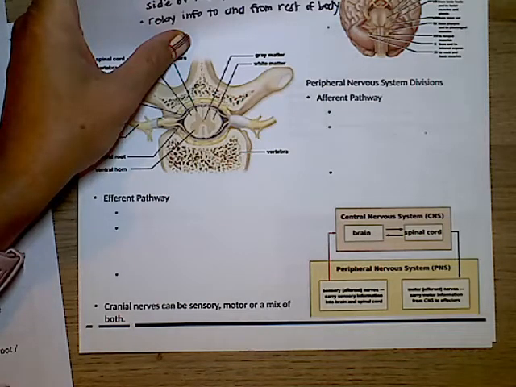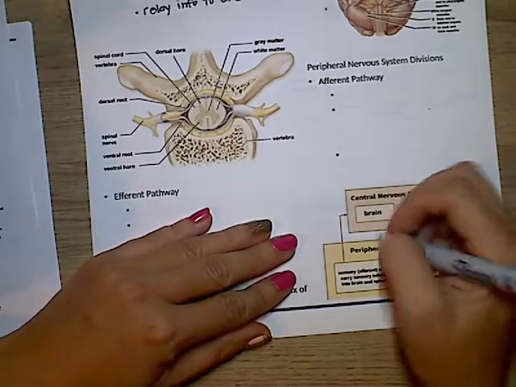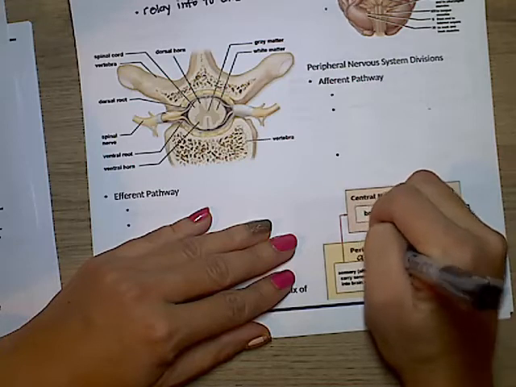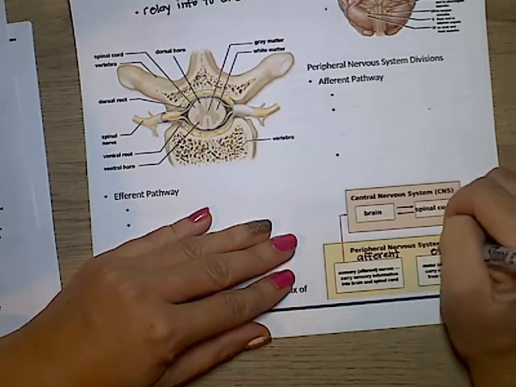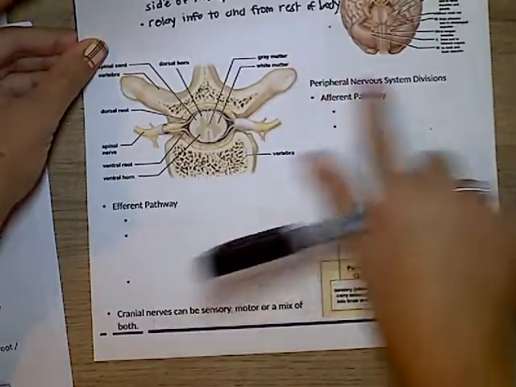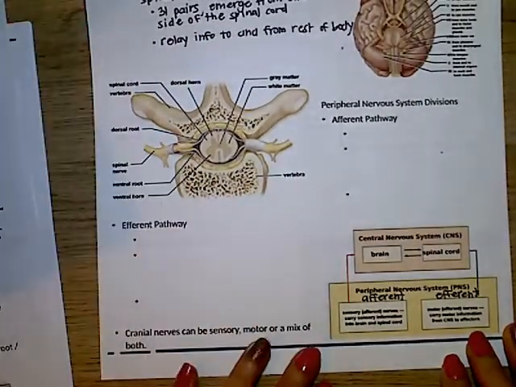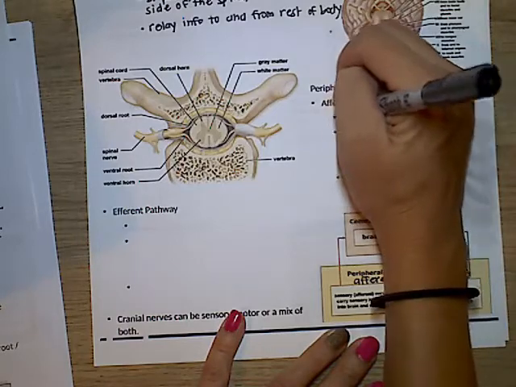Something that was just added to this, and I'm going to write it bigger because I know this is so small, is afferent and efferent. This is something you definitely need to know. We'll talk about the afferent pathway here and the efferent pathway here. The afferent pathway are your sensory nerves.